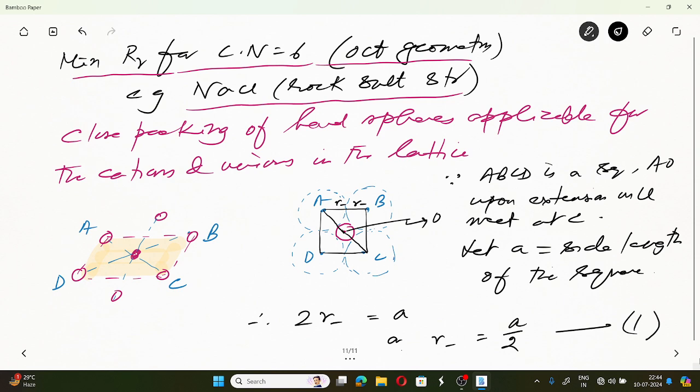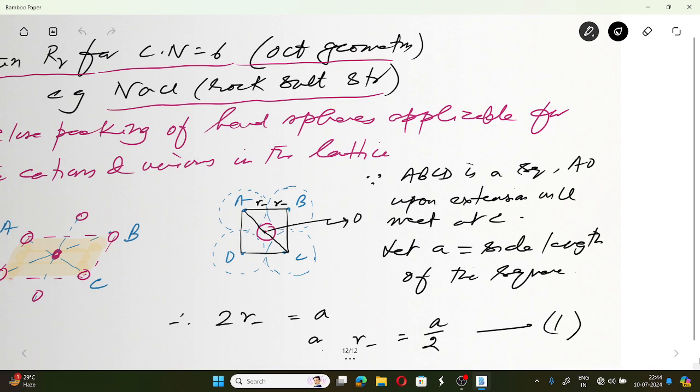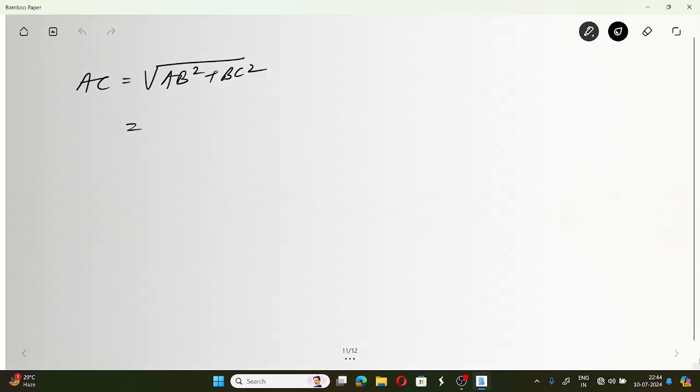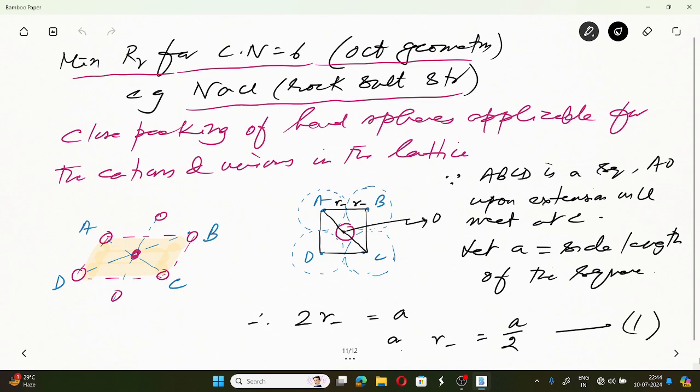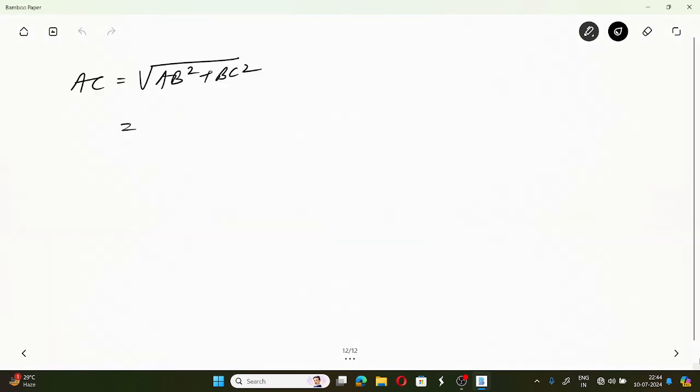And if we consider the diagonal AOC, see, we know that AC equals root of AB square plus BC square, right? So AC equals root of a square plus a square, so this is root 2 a.